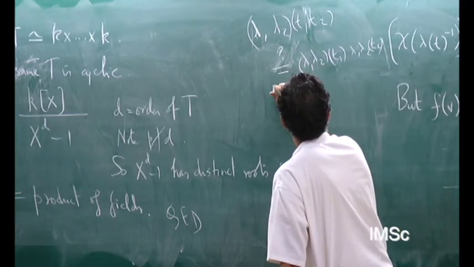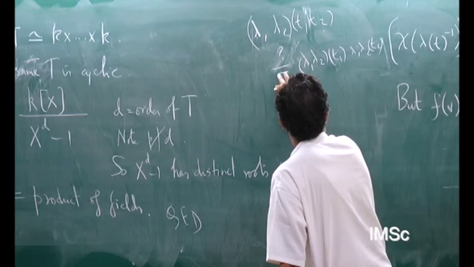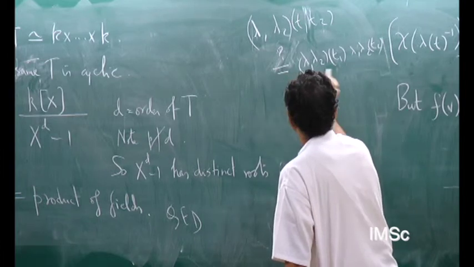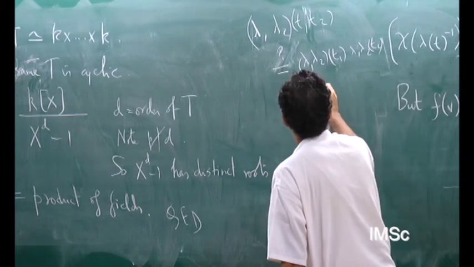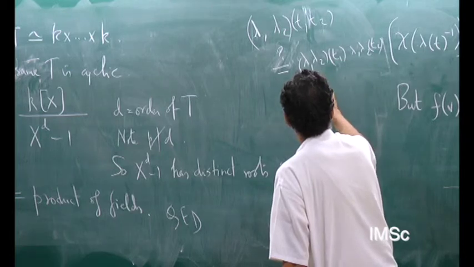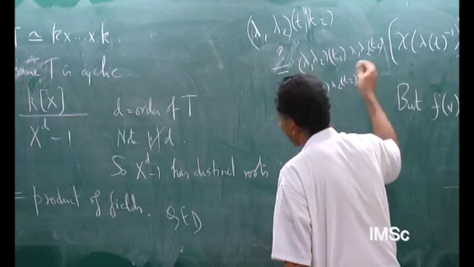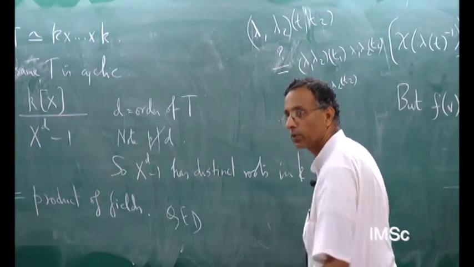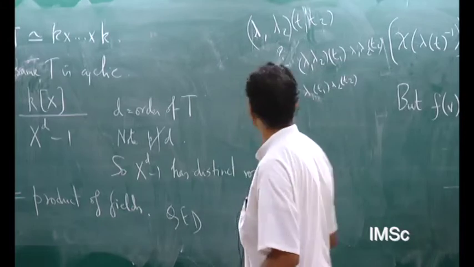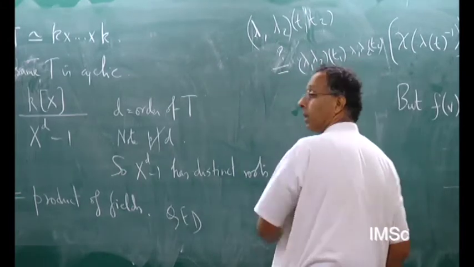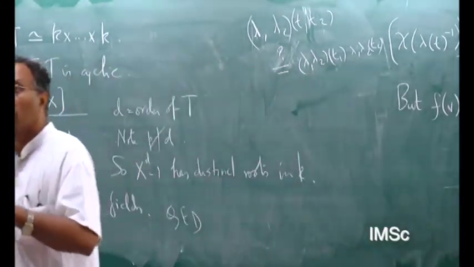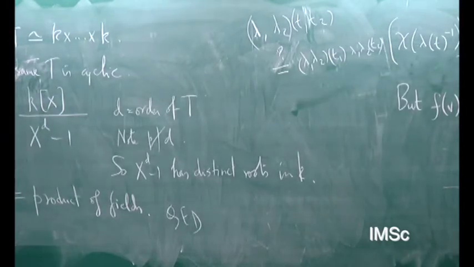Because by definition, this will be lambda 1 T1, lambda 2 T2. Indeed. Thank you. So he is pointing out that if G, okay, but let us see. We should be careful when we try to extend beyond the book. But let us check that.